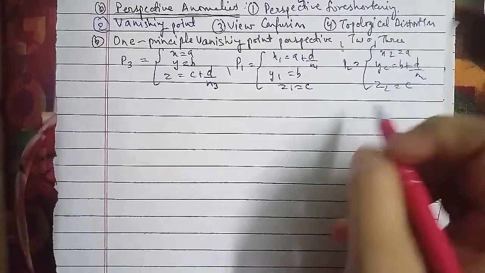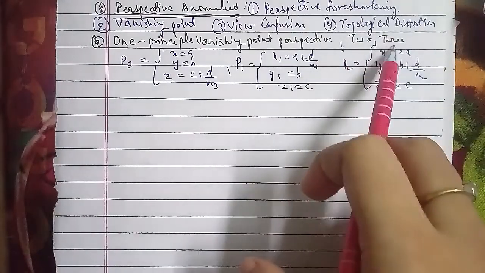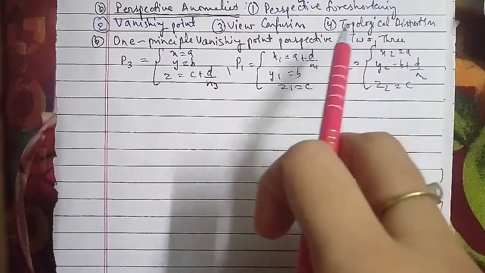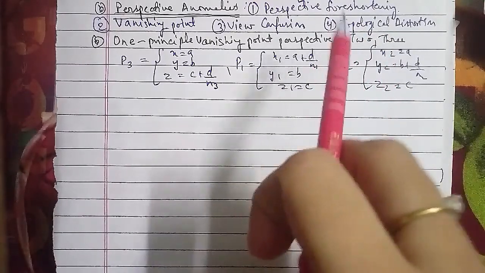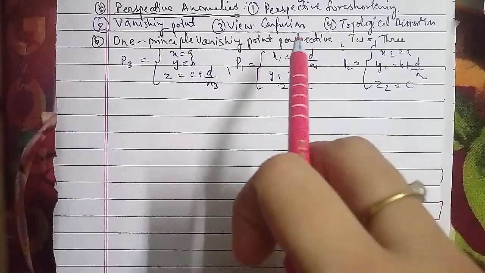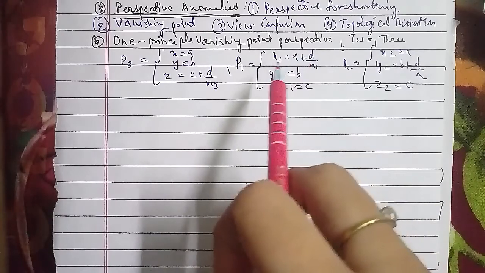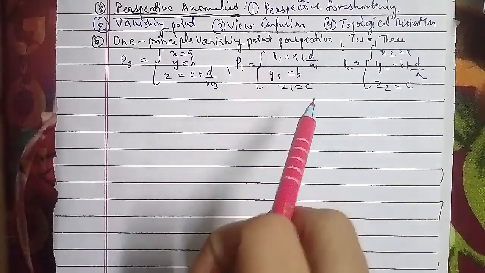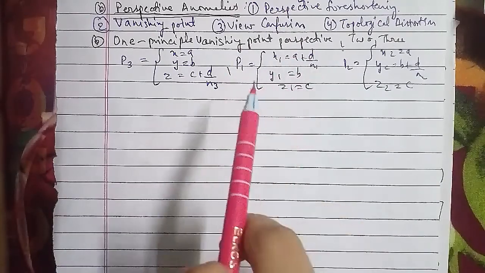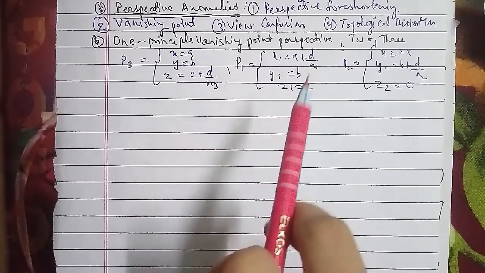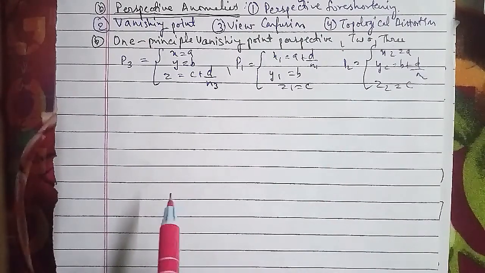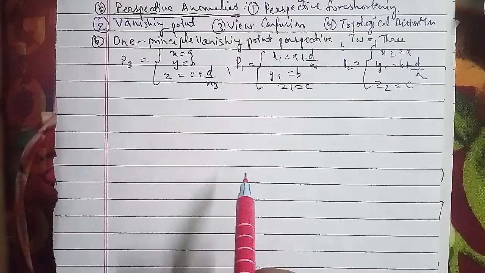Now we'll talk about the third one, which is the three principal vanishing point perspective. The three vanishing point perspective projection occurs when the projection plane intersects all three of the principal axes, which are x, y, and z. Below in the figure we have the perspective drawing with three principal vanishing points P1, P2, and P3, which we have discussed and represented.